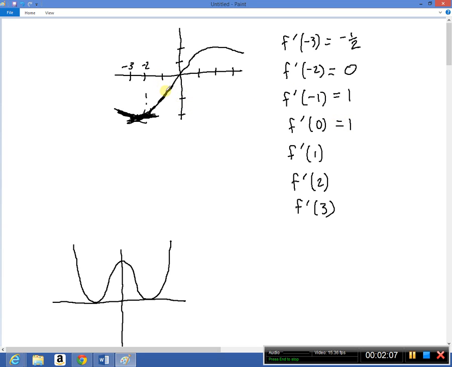And at -1, the way the picture is drawn, now that I look at it, at -1, it doesn't look quite as steep. So really the picture here should be more like this, and it gets steeper as it comes in towards there. And then it tapers off like that. So at -1, it's more like this, so the tangent line would be more like that rather than at a 45-degree angle.